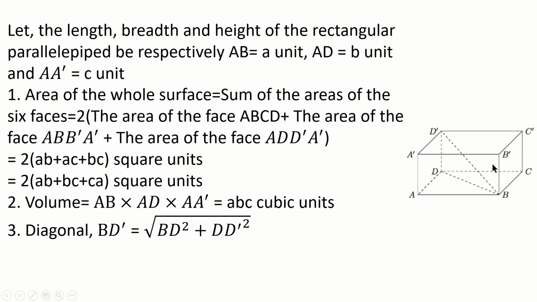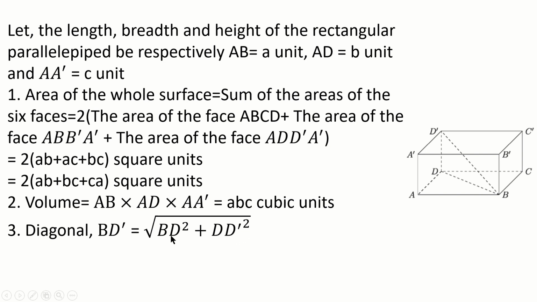And follow this triangle, that means BD prime. BD prime is the hypotenuse. So BD prime equals square root over BD square plus DD prime square.